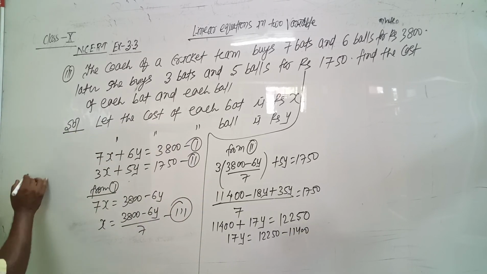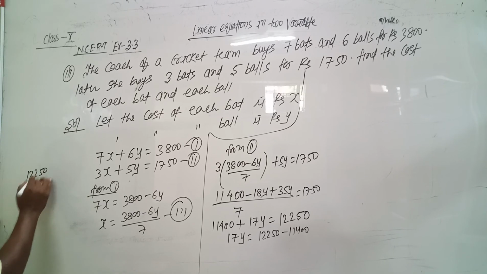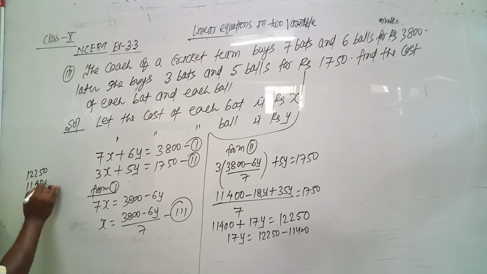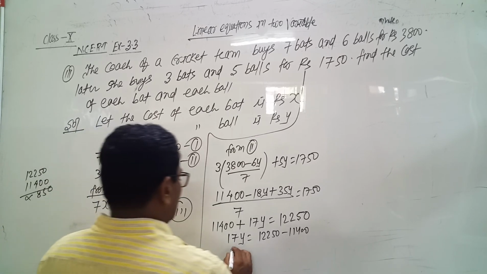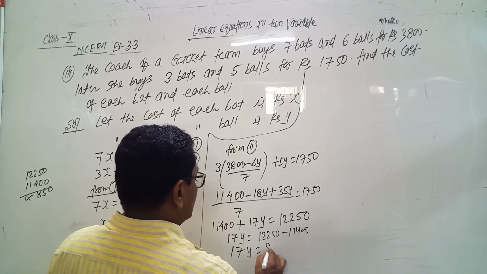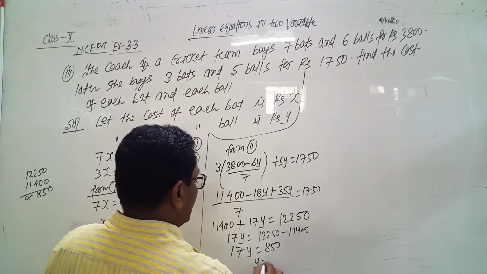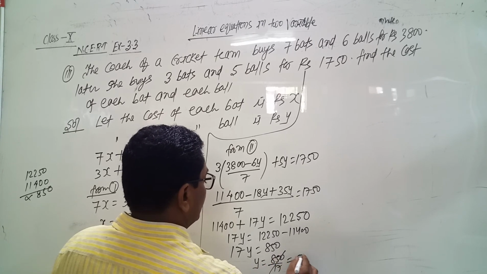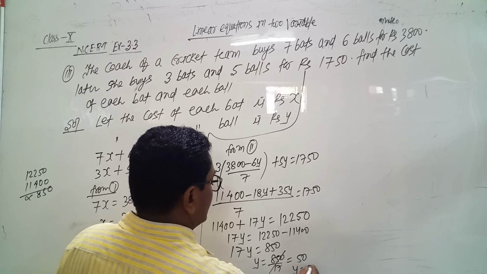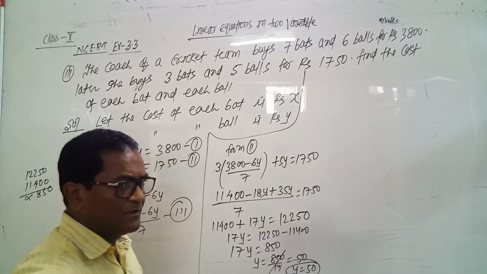So we get 850. So 17y equals 850 and y equals 850 upon 17, which is 50. So we get the value of y as 50.